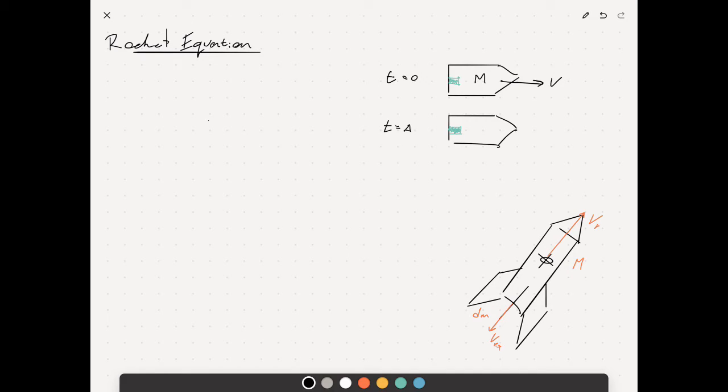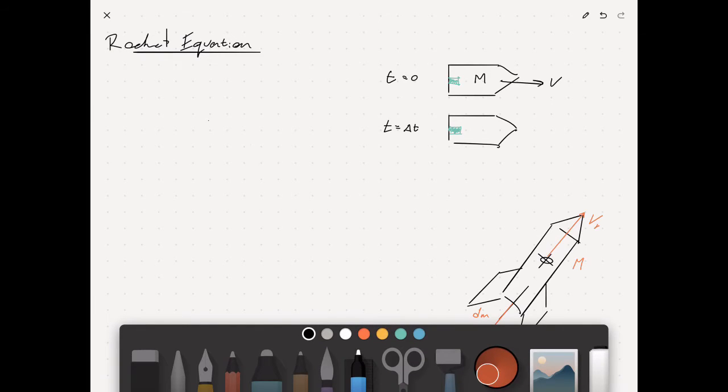After some time has elapsed, at t equals delta t, the rocket is going to take a block of exhaust, a block of propellant, and propel it backwards. So this block of mass dm is going to be moving backwards at velocity v exhaust.